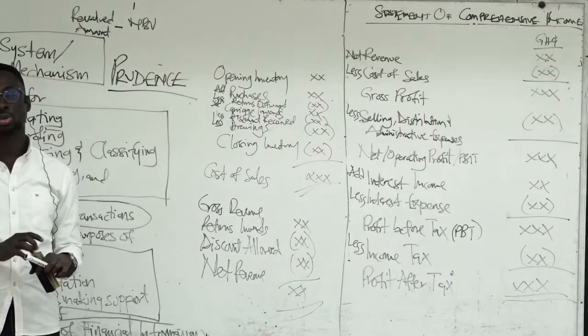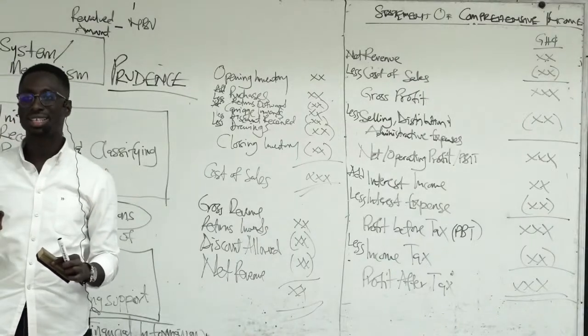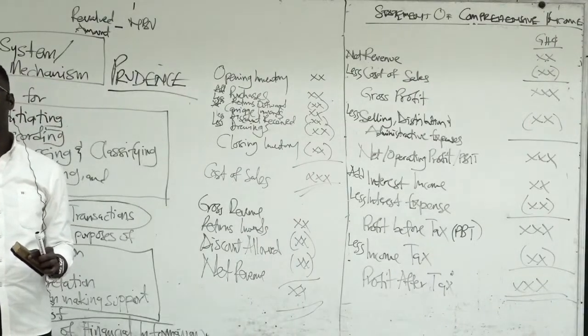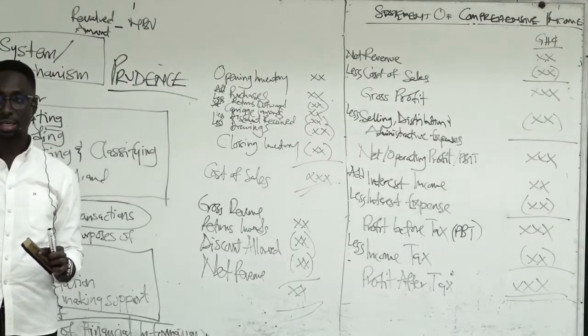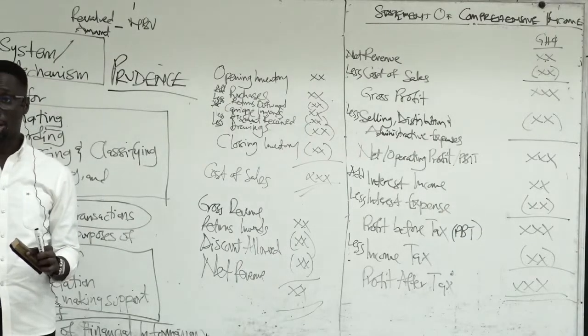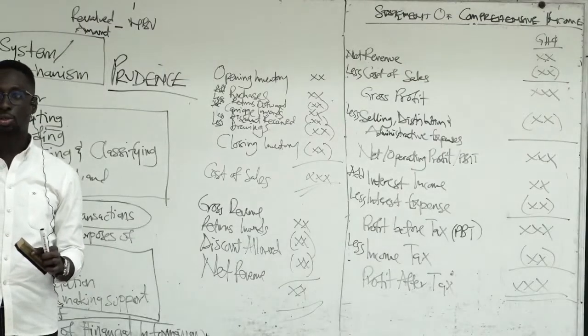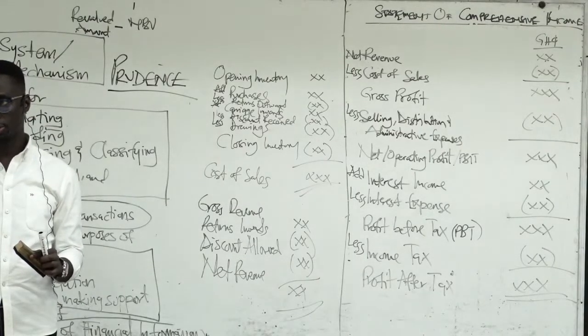Okay. The prudence concept basically says you should be realistic in the recognition of your incomes and expenses, as well as your assets and liabilities. And that concept is somewhat connected to the concept of accrual, right?